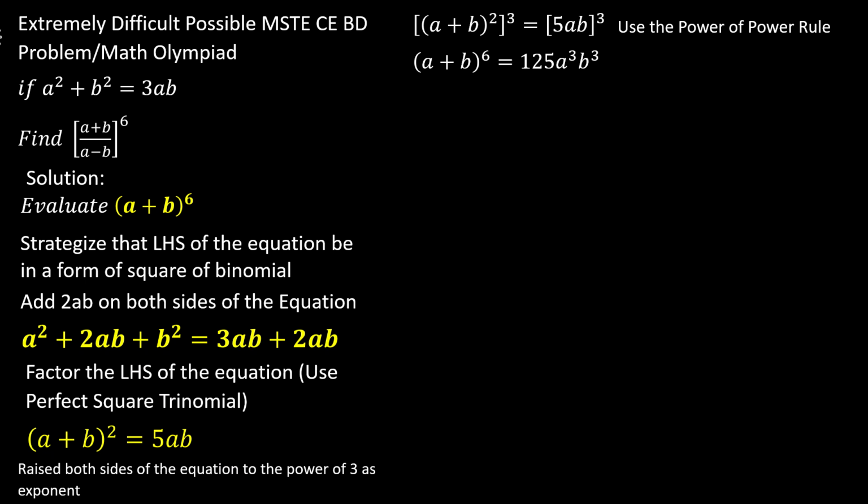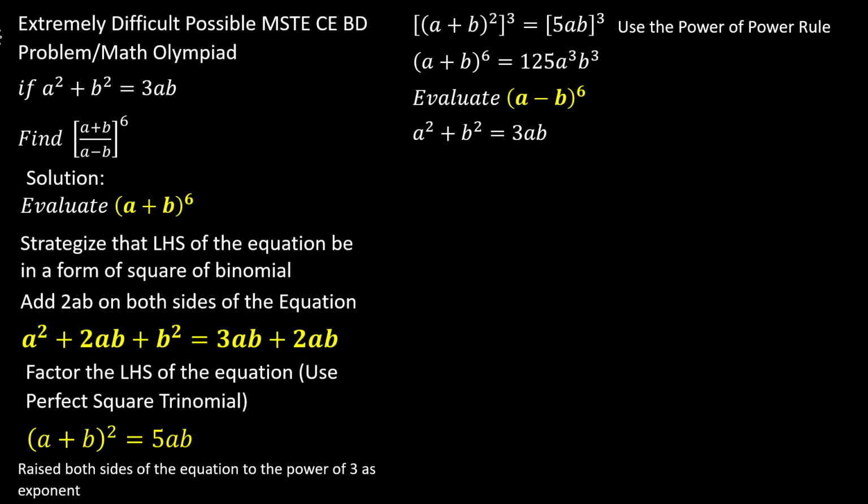As we can see now, we have the sixth power of the binomial a plus b equals 125 a cubed b cubed, wherein the numerator of our required question was already computed. Let us now proceed to the next step. Our next step now is to evaluate the binomial (a minus b) raised to the sixth power so that we can calculate the denominator of our required question.